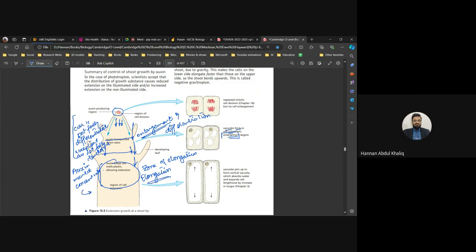Now, this is the whole point of the discussion: when the plant would divide itself in the tip, it would also release the auxin. But the auxin would start functioning in this particular region and it would elongate the cells, causing the length to increase.